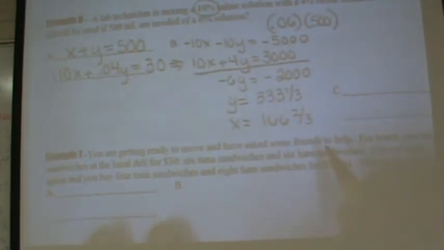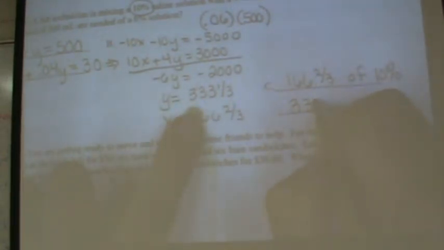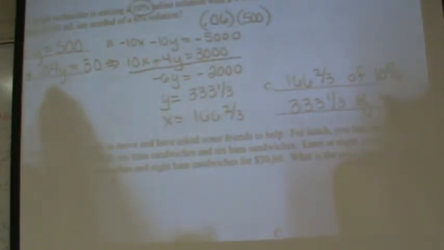So how much of each solution? You have 166 2/3 of the 10%, you take repeating decimals, and 333 1/3 of the 4%.